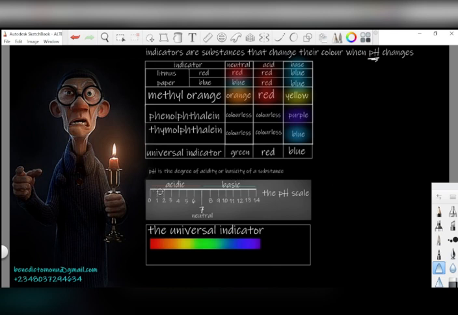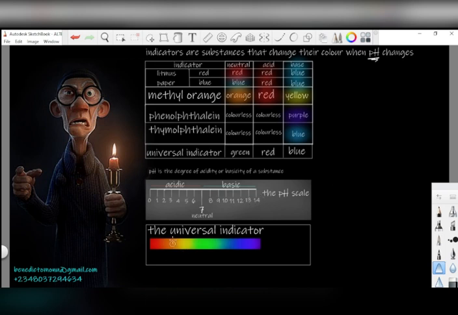The pH scale goes from 0 to 14, with 7 being neutral, 0 to 6 being acidic, and 8 to 14 being basic. Very acidic solutions will have low pH, like 1 and 2, and weak acidic materials will have values like 4 to 6. Weak bases will be like 8 and 9, and strong bases will have pH of about 13 and 14.